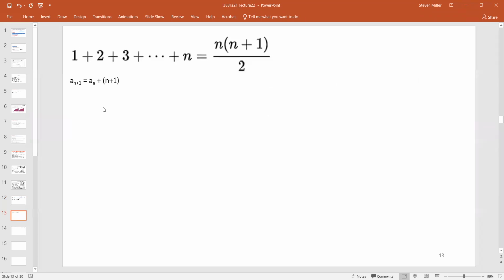So now an is just going to be 1 plus 2 plus up to n. I'm no longer going to do powers of 2, I'm going to just do the sum from 1 to n. We know an plus 1 is equal to an plus n plus 1. If I didn't have the n plus 1, would this be an easy equation to solve?